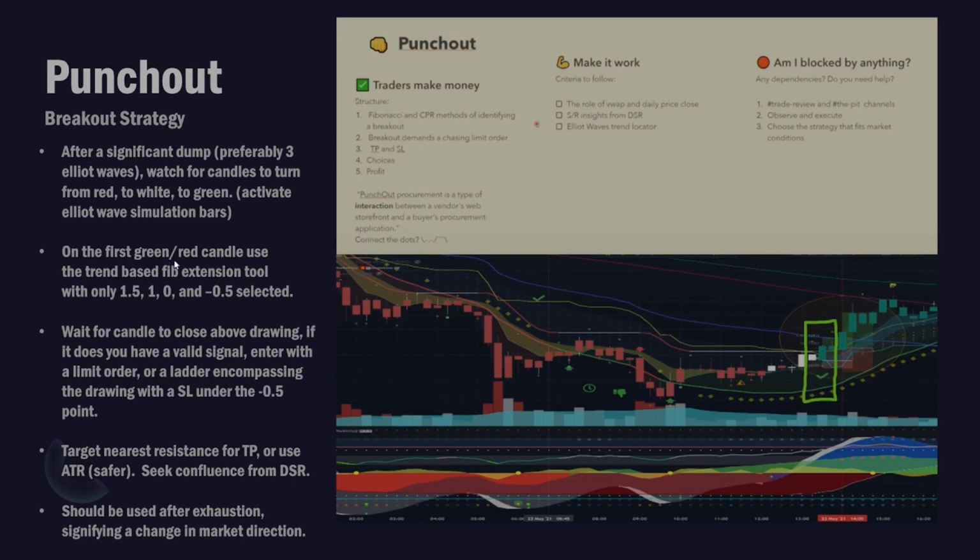So then on the first candle that turns from white to green, I've got it outlined here in the picture, this little green box here, you will pull out the trend-based fib extension tool with only 1.5, 1, 0, and minus 0.5 selected, and that'll give you the zones.